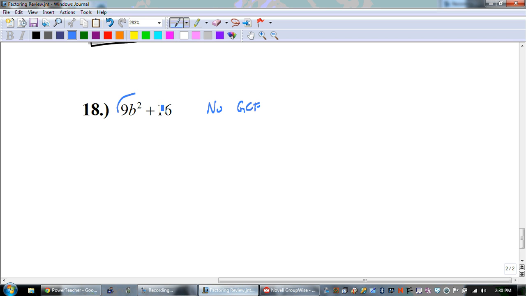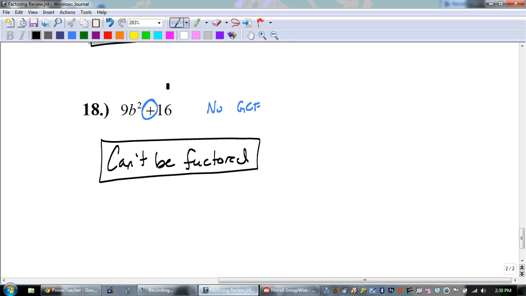I can square root both of those, but the only difference is it's addition, and that rule doesn't work. Okay, so for this one, this can't be factored. And that's your answer.